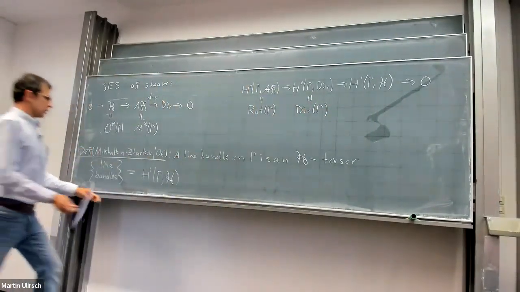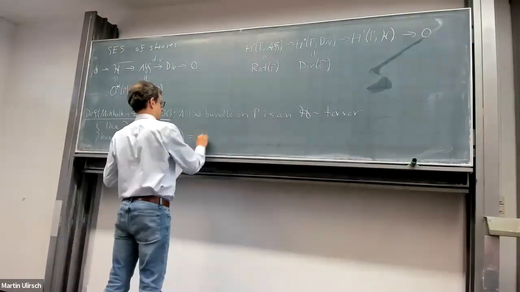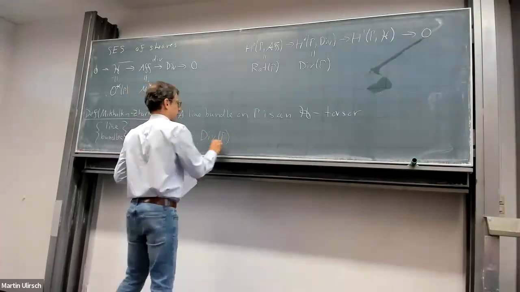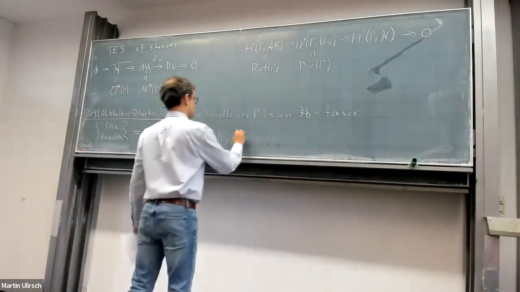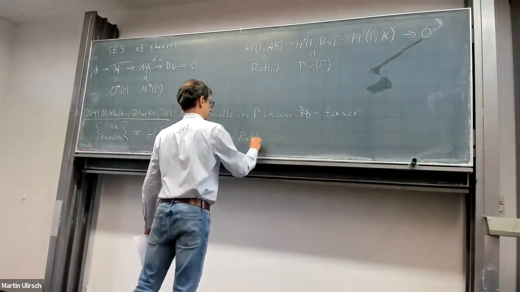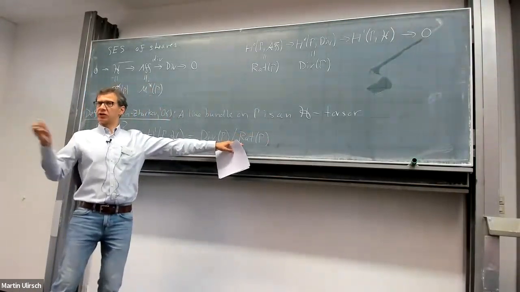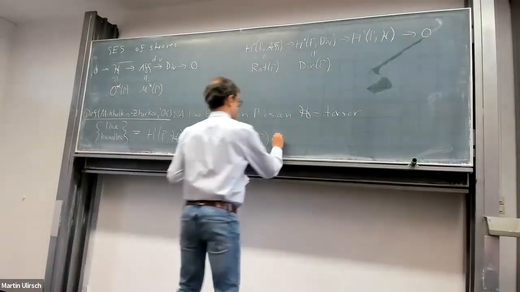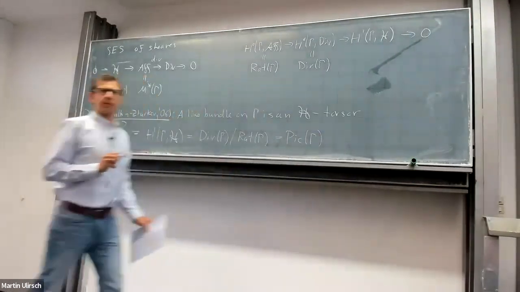So H1 of H is divisors modulo principal divisors. So exactly as in algebraic geometry, all divisors modulo those that are divisors of rational functions. So this is also called the Picard group of your metric graph.